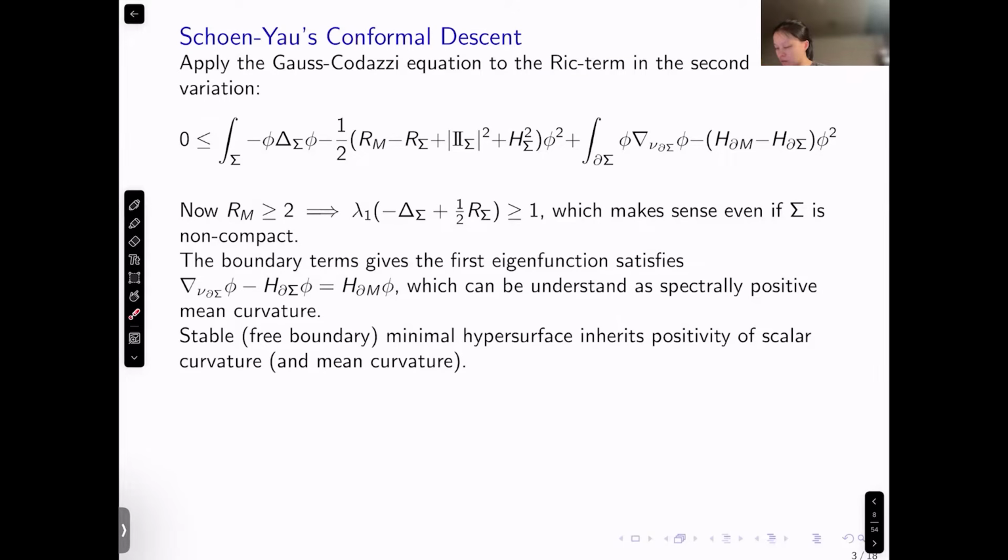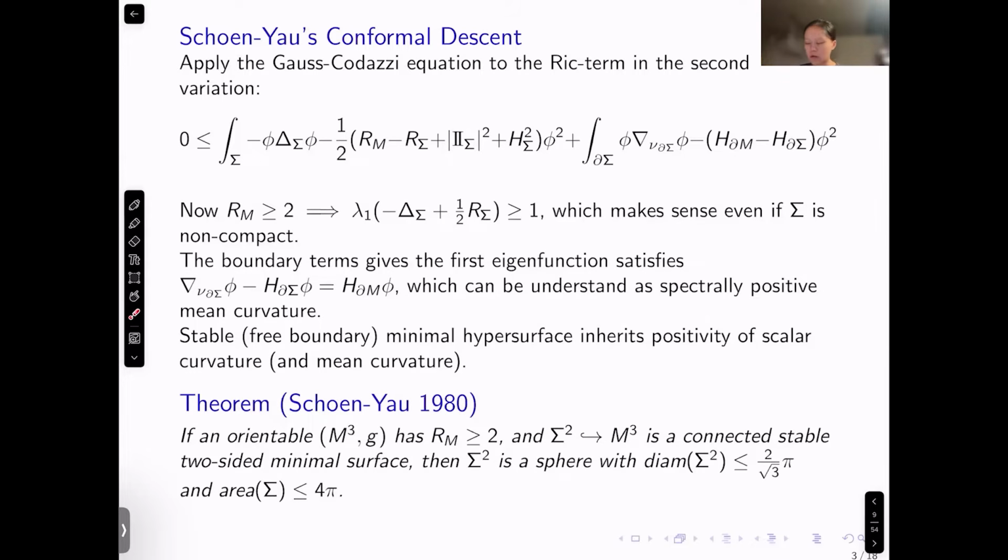And in terms of surfaces, for a surface of PSC, even in the spectral sense, you can compute and get a diameter bound in terms of a constant that only depends on the ambient manifold's PSC. You can also get an area bound. So that's what Schoen and Yau proved: for a stable two-sided minimal surface in an ambient 3-manifold with uniform PSC, you have a uniform bound in diameter and area.